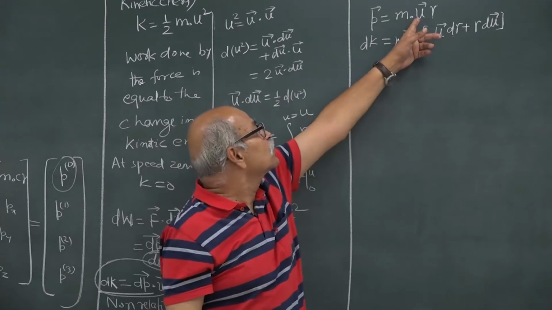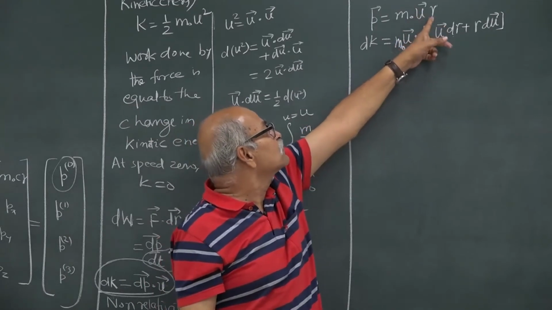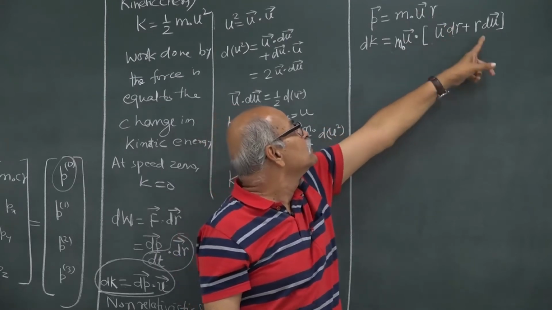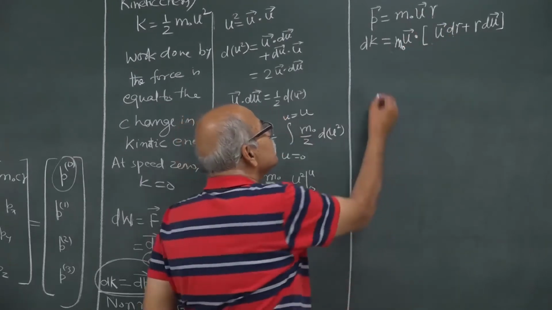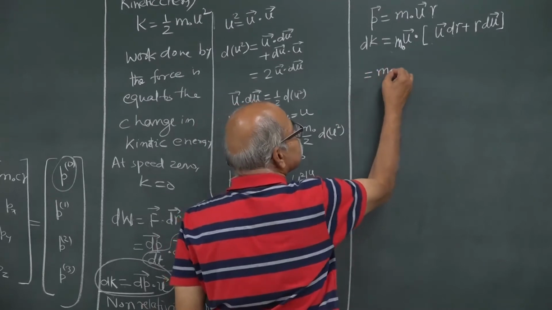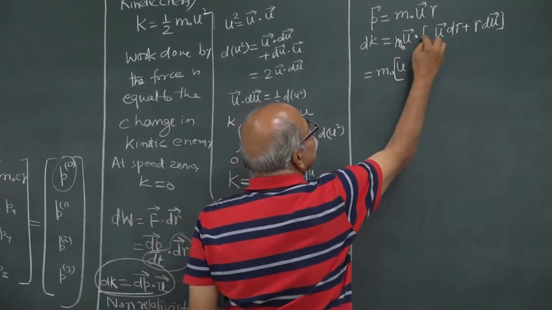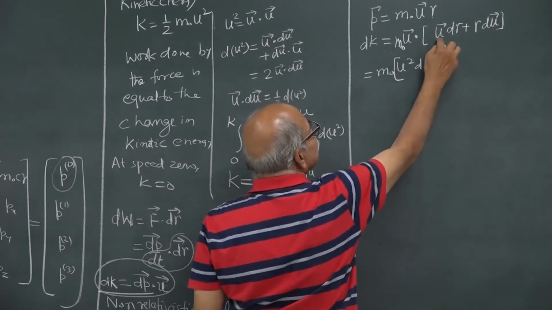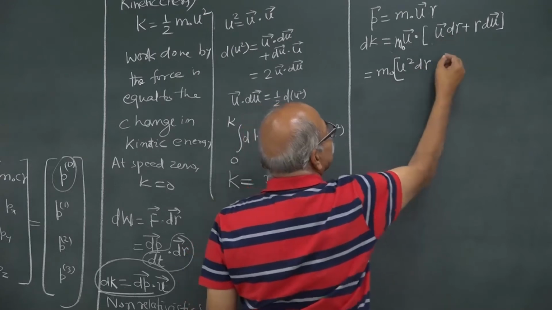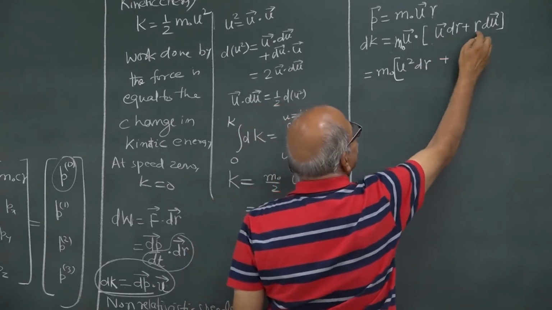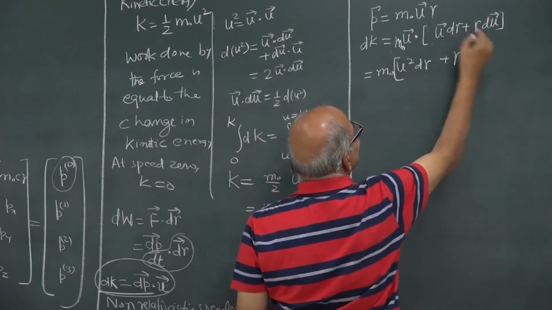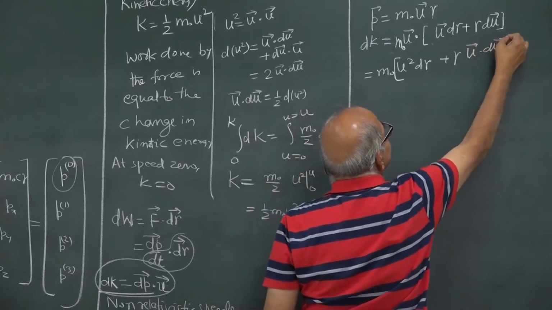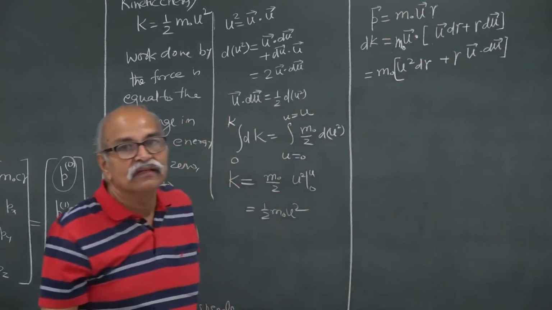This is a product of two functions, both are functions of u. So, u d gamma plus gamma du, and then u dot is here. So, this is equal to m naught, and then u dot u, which is u square d gamma, plus this gamma here and u dot du here.